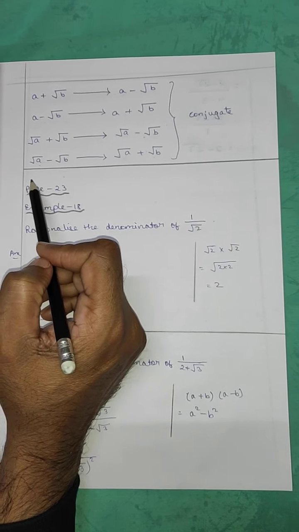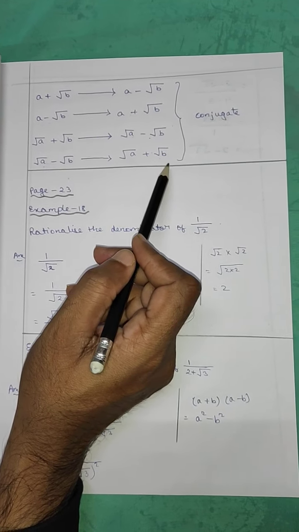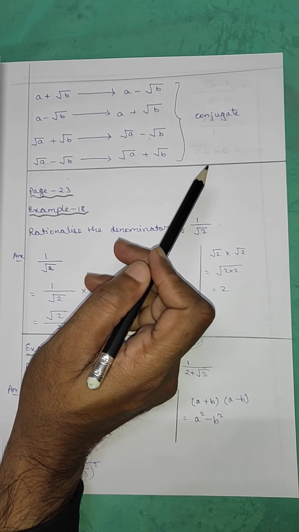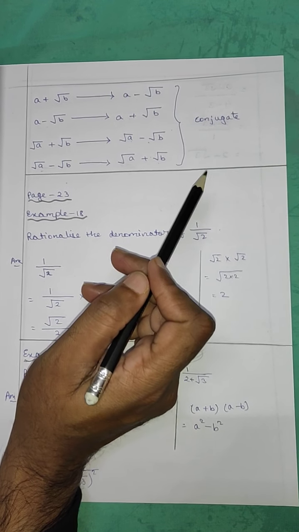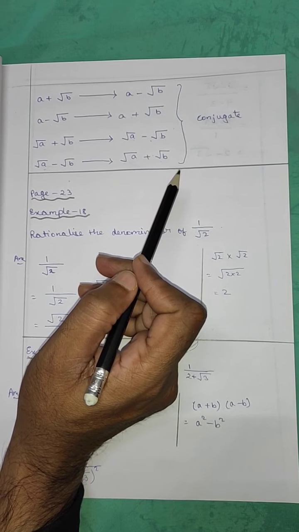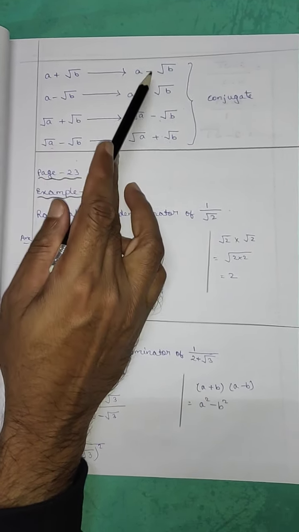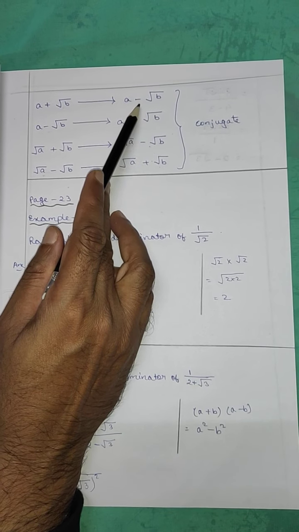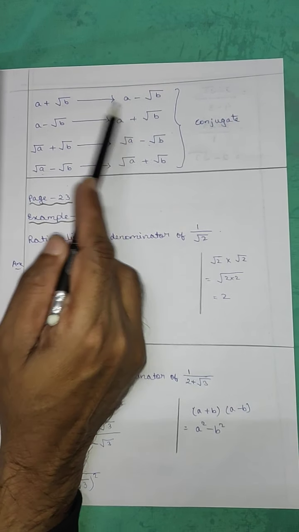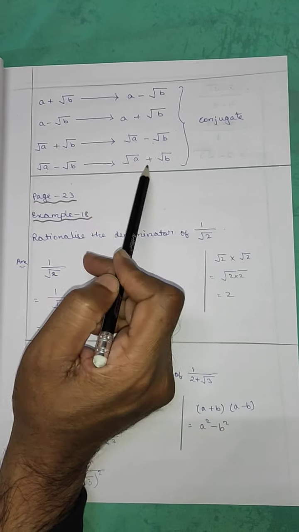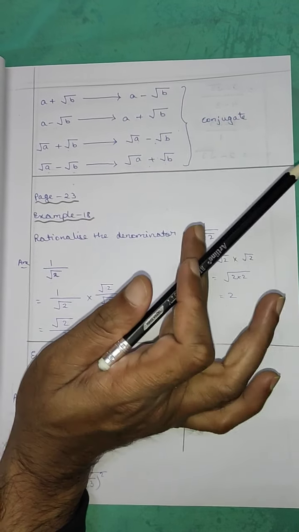If you have root a minus root b, then root a plus root b you can multiply. The root will be vanished from the denominator, and it will be rationalized also. Now this and this are called conjugates of each other. You need to learn very well.